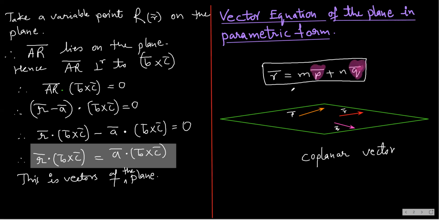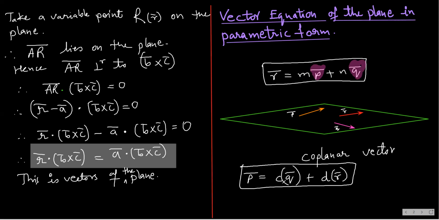So r bar equals m p bar plus n q bar. And it is not that only r bar could be written like this. I said any one vector of the three can be expressed as a linear combination of the other two. It is very much possible that you will get p bar equals c q bar plus d r bar. Here I have p bar expressed as a linear combination of q bar and r bar, where c and d are numbers, like m and n.